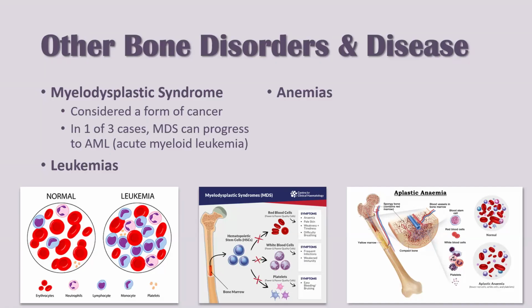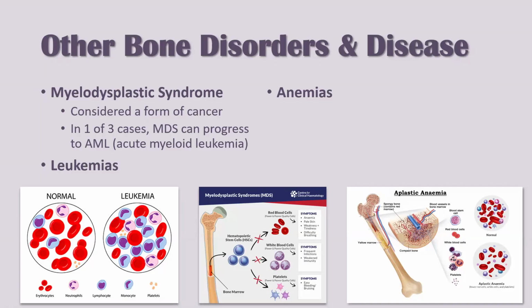This results in abnormal or immature blood cells that don't function correctly, which leads to nonspecific symptoms like fatigue and shortness of breath. It is seen as a precursor to AML, which is a type of leukemia. And as such, it is generally treated as a cancer with transfusions, targeted therapies, stem cell transplants, or chemotherapy. And you might also hear this as a bone marrow transplant.